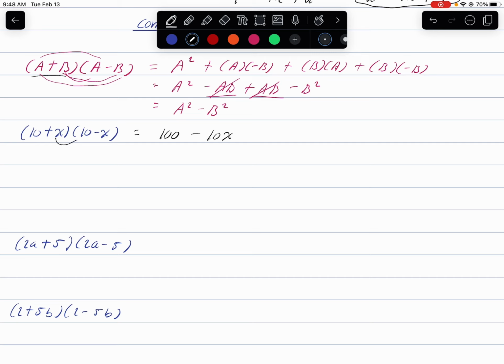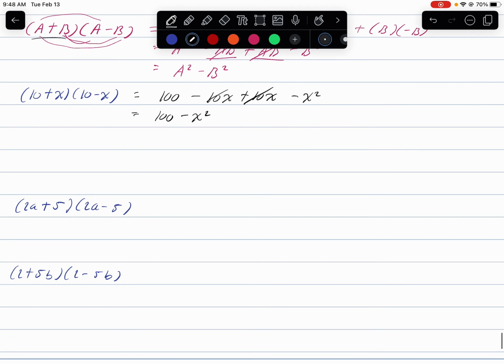Then x times 10, that's going to give us plus 10x. And then x times negative x is going to give us minus x squared. So minus 10x plus 10x, these will cancel, and we get 100 minus x squared.